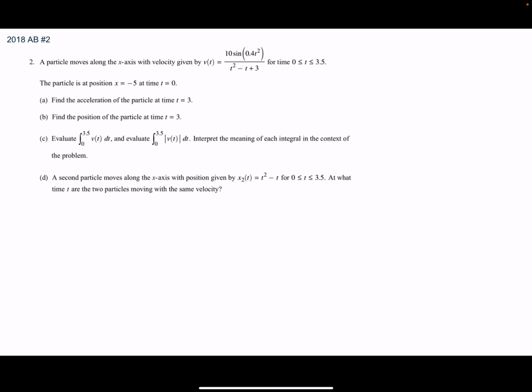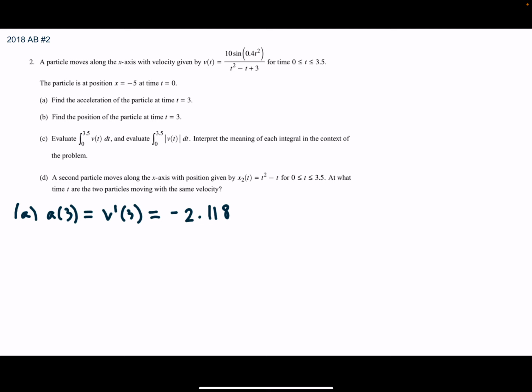So what you need to tell them is that the acceleration of the particle at time t equals 3 is equal to the derivative of the velocity function at t equals 3. Then you use your calculator to take that derivative, and you end up with negative 2.118. That's all you need for part A.